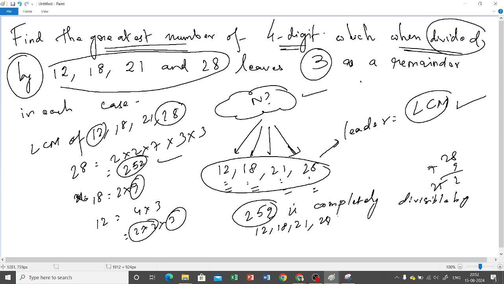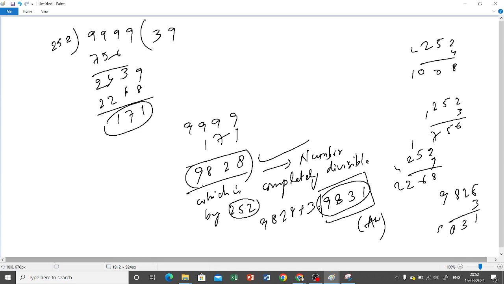Then what is the highest 4-digit number? 9999. Now you need to find the highest 4-digit number which is completely divisible by 252. When you do that, you get 9828 as the highest 4-digit number divisible by 252. Now the question is, leaves the remainder 3, add a 3, that's it.